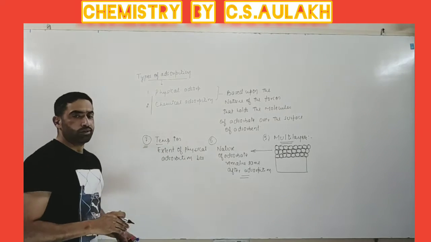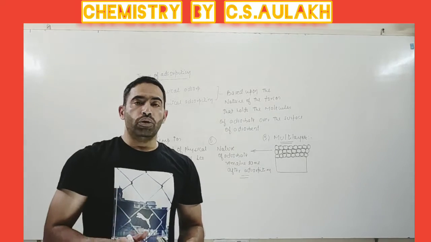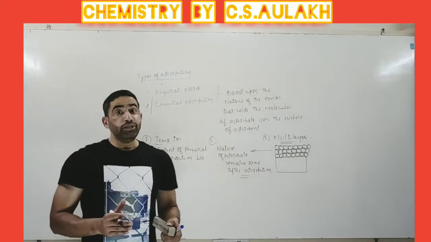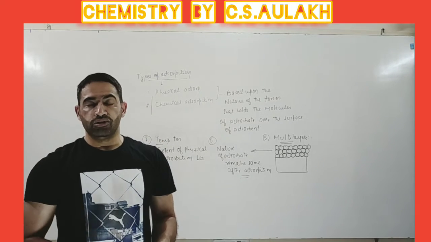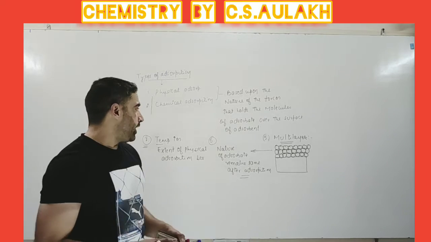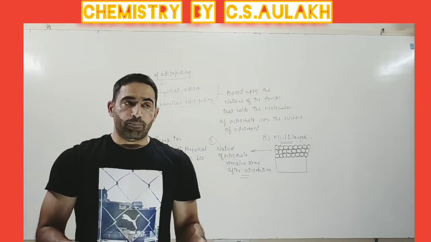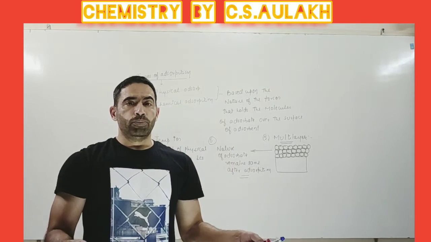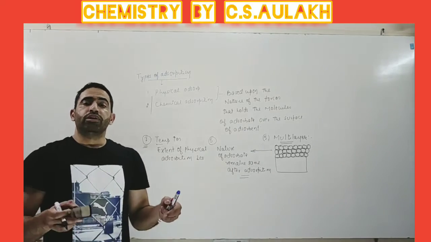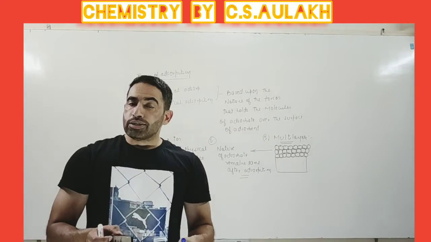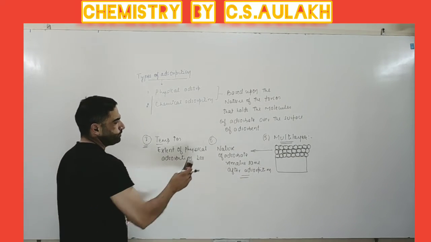This we have already discussed in the second point, in its reversible nature: as we go on increasing temperature, the kinetic energy of the molecules of adsorbate increases and they start leaving the surface of adsorbent. So the rate of physical adsorption decreases with an increase in temperature. If we are performing physical adsorption at high temperature, a lesser number of molecules of the adsorbate will get attached over the surface of adsorbent. Then next is the eighth point.